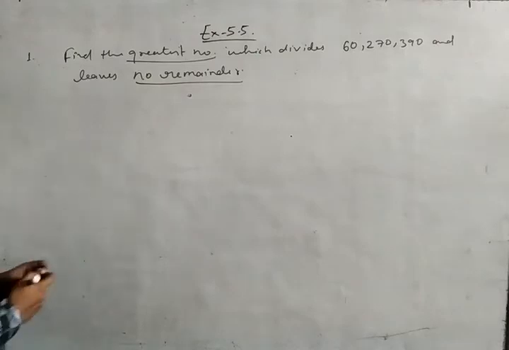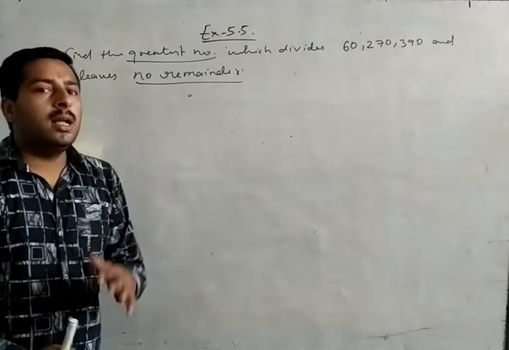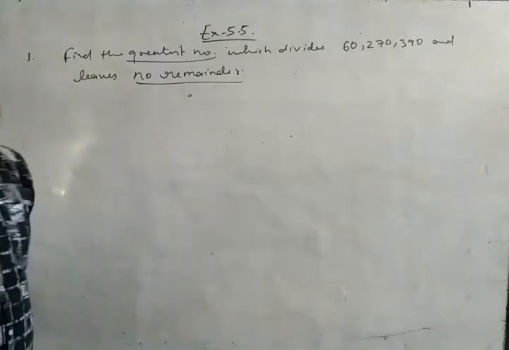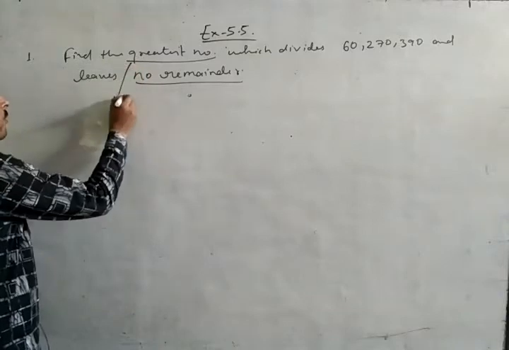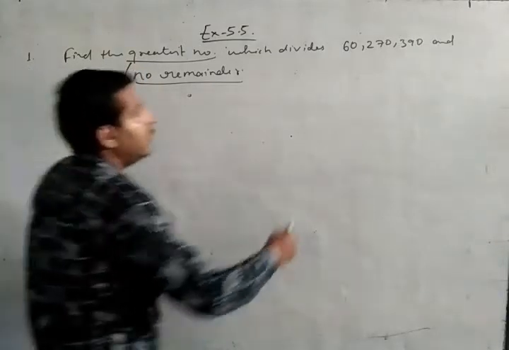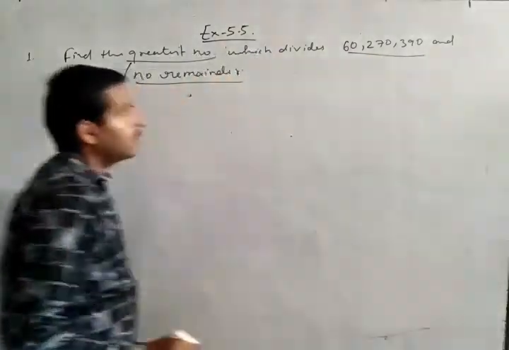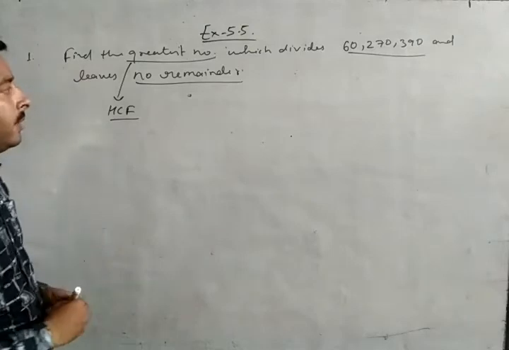It's the first kind of question, where you have to find the greatest number which leaves no remainder. In this question you have to find the HCF of the numbers given here. Means you have to find the HCF of 60, 270 and 390.